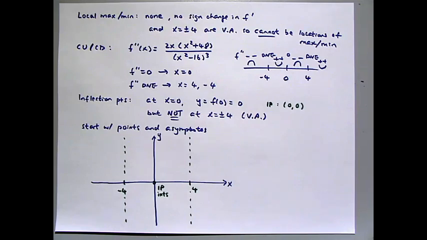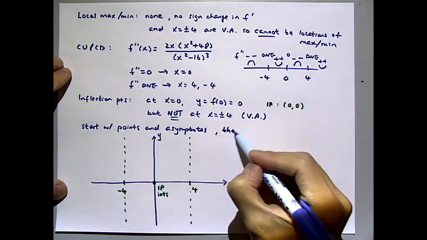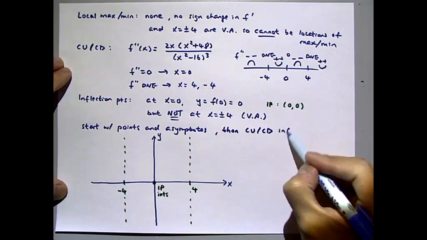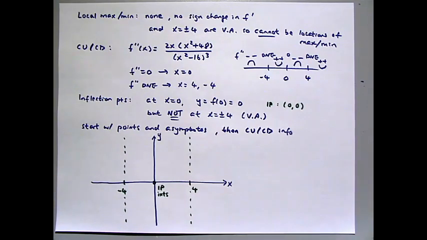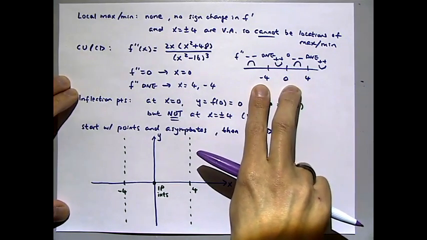Now, as usual, next we use the concave up, concave down information. It's far more useful than the increasing, decreasing, usually. This is usually all we need to do to figure out what's going on. All right, so let's start with between minus 4 and 0.